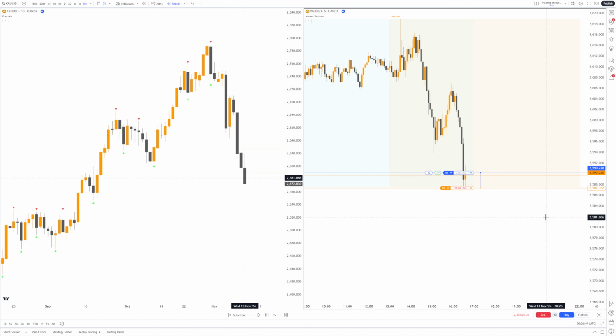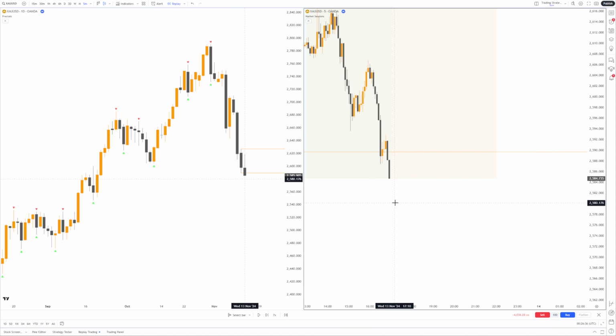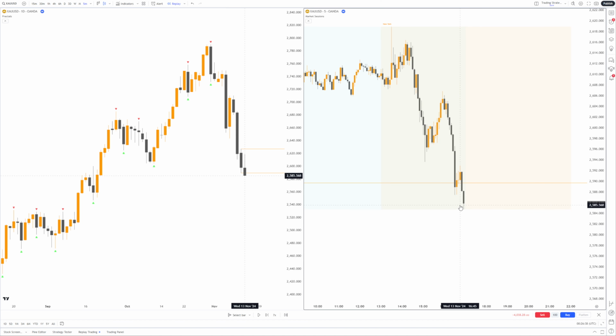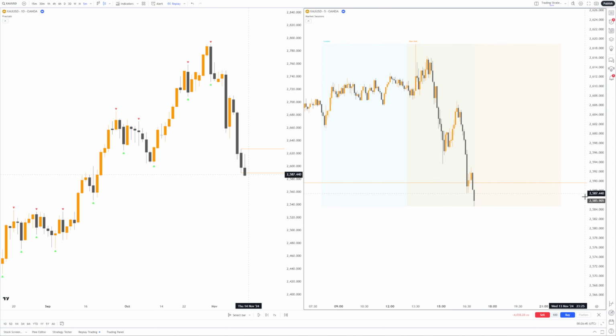Stop loss below. Let's see. Put it to 1% again. And then we would have aimed for 6k. But you already know this turned out to be a loss. And I'm just making sure that even though I skipped the price too quickly, I be as fair as possible. So right now I am down 4k.